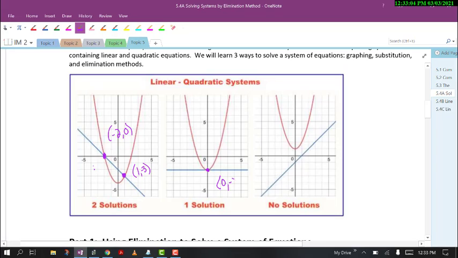That would be at (0, -2), because the line just touches the vertex, but not anywhere else. And of course, we can have no solutions where the parabola is either opening up and above the line, or opening down and below the line. So we have the 3 different forms of solutions, just like we saw with regular quadratics.